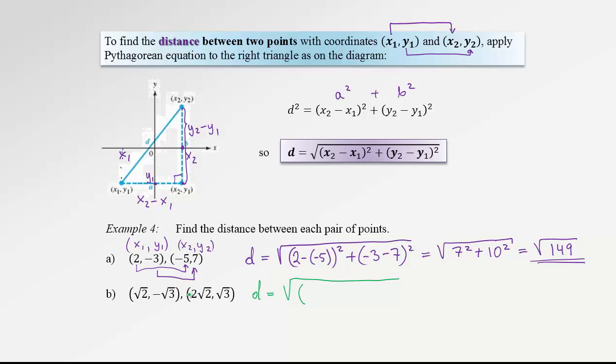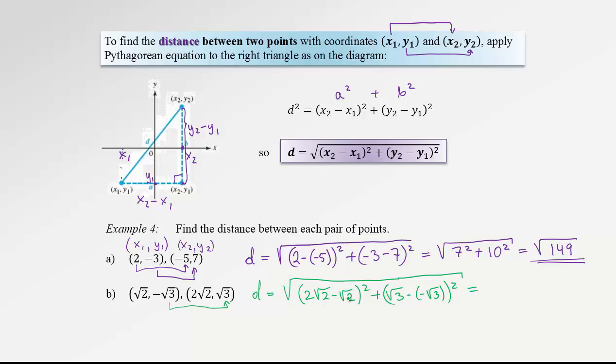So we can start with 2 root 2 and subtract this root 2. 2 root 2 minus root 2, and then square it. Plus, again, difference between y coordinates. So we can say root 3 minus negative root 3. And then square this difference. Let's see how much we have.